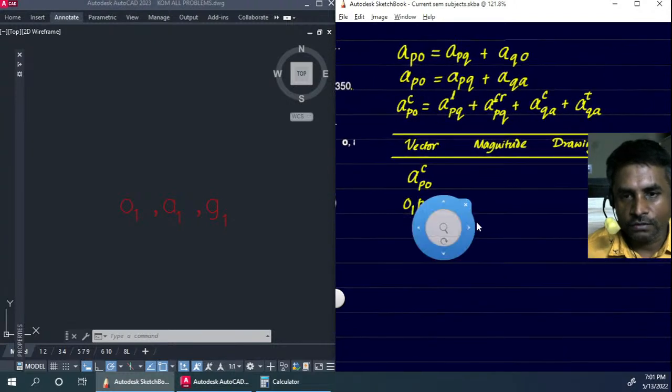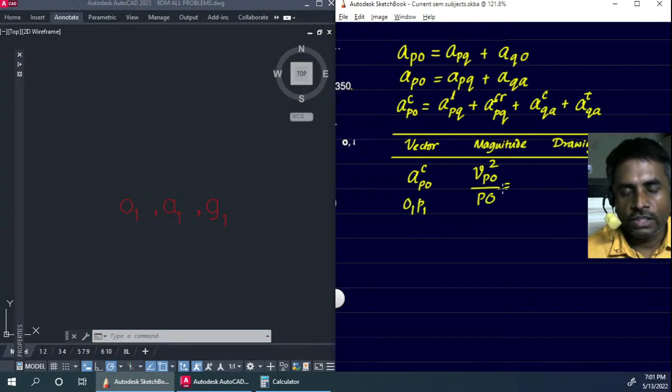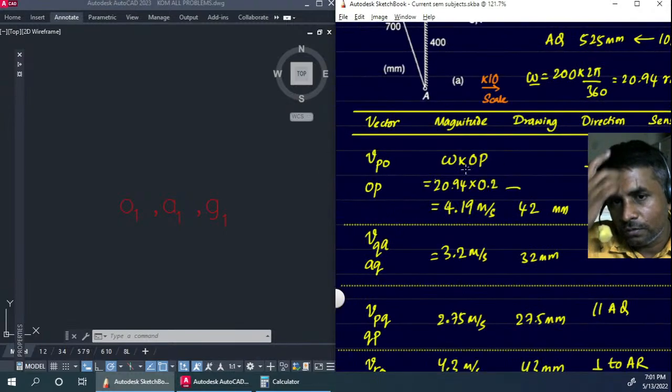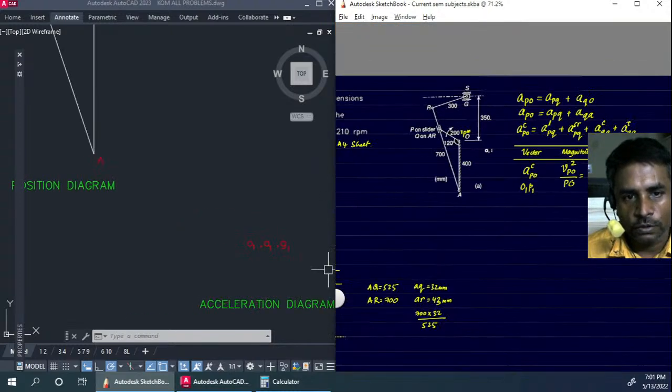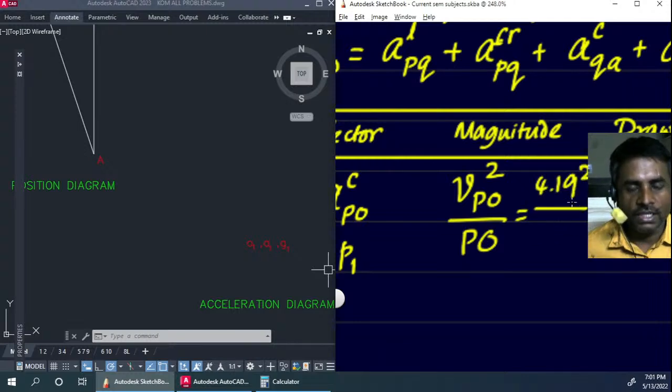Let's see if we are able to find it. We know the formula for centripetal acceleration is the square of the velocity of P with respect to O divided by length PO. Velocity of P with respect to O, we have already found earlier, and that is 4.19. So 4.19 squared divided by the length PO.